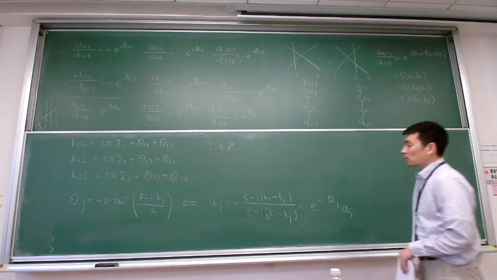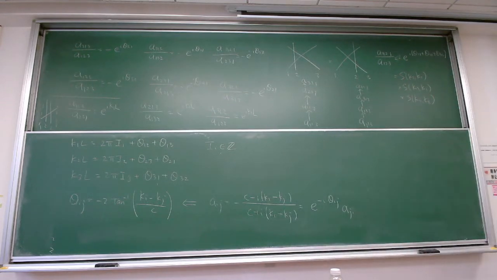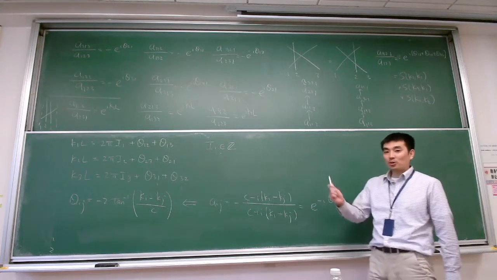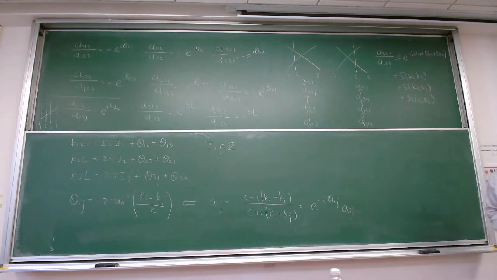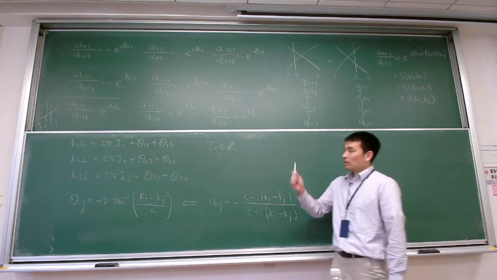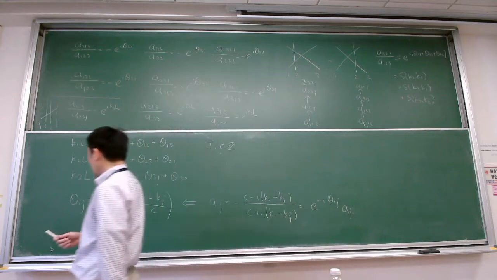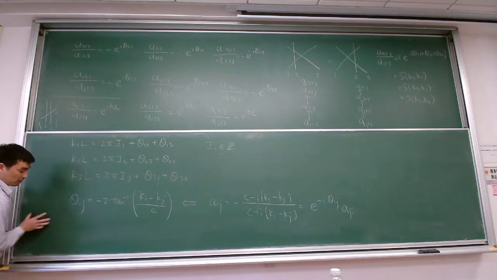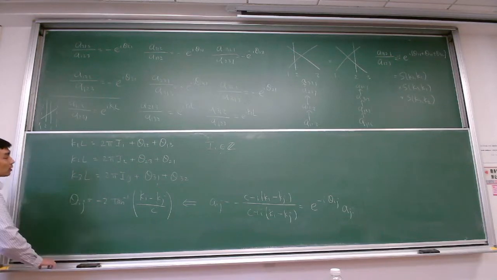So this is the two particle state, where i is equal to 1 and j is equal to 2. But anyway, it is a straightforward generalization.